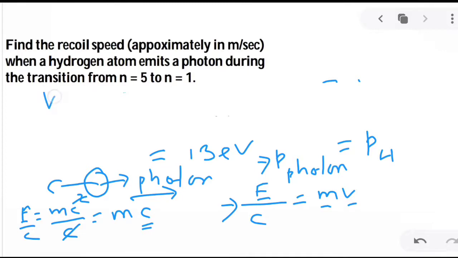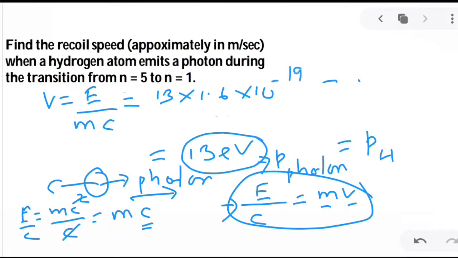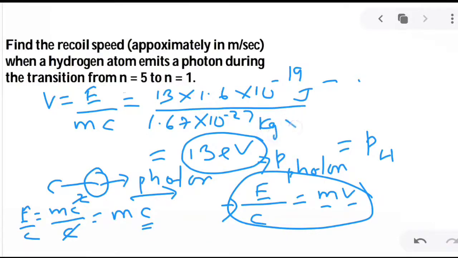So let us calculate it. V will be equal to E divided by m into C. E is 13 electron volt, so that is 13 into 1.6 into 10 power minus 19 joule, divided by m, the mass of the hydrogen atom, 1.67 into 10 power minus 27 kg, into the speed of light, 3 into 10 power 8 meter per second.